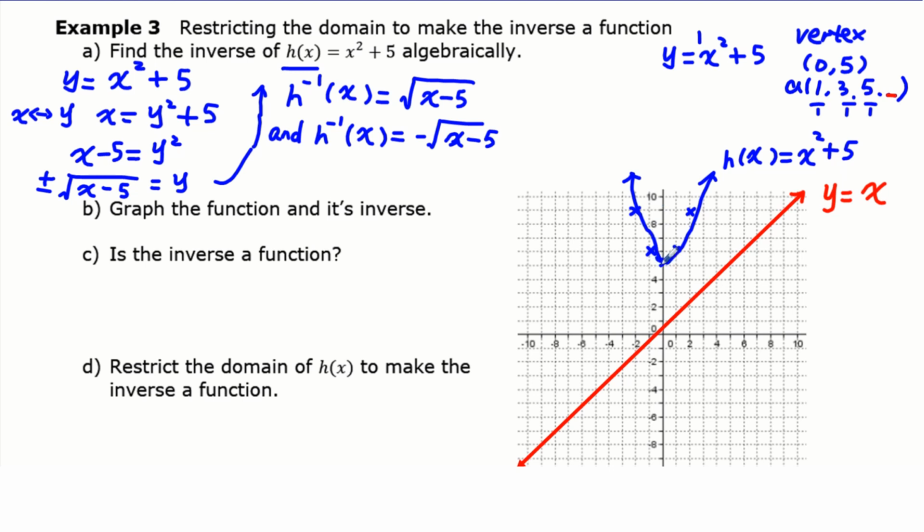So the point (0, 5) becomes (5, 0). Then the point (1, 6) becomes (6, 1). Then it's kind of up 1, right 3. We flip the x and y, so we flip the slope. And this one is down 1, right 1, down 2, right 3. Then this is the inverse of the function h of x.